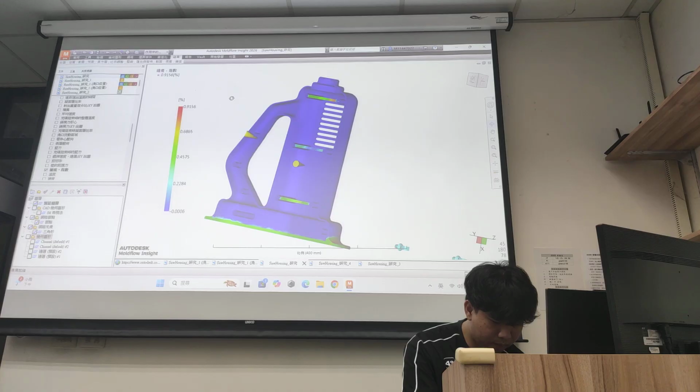We can mitigate this by widening our packing profile and extending the cooling time if necessary.